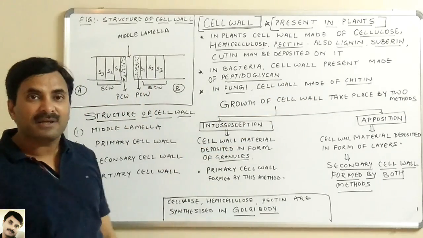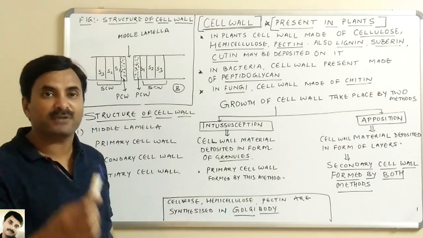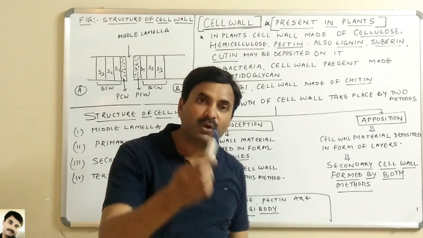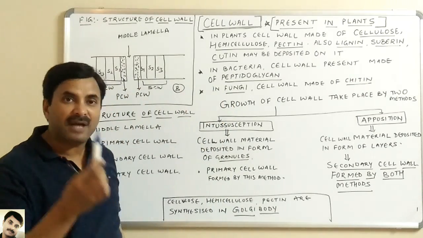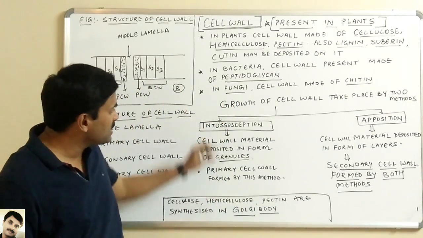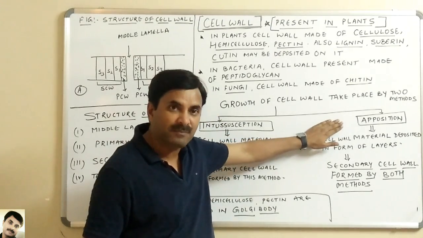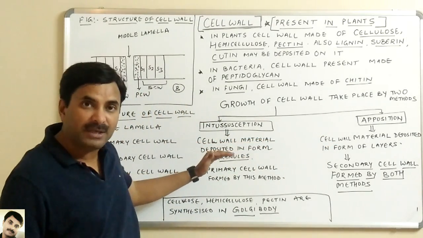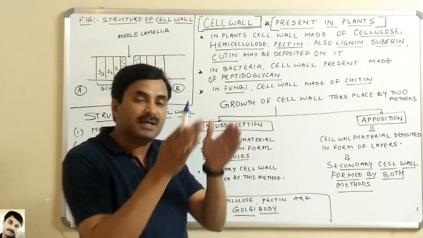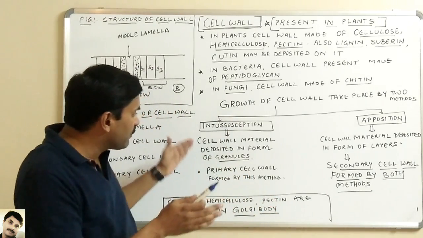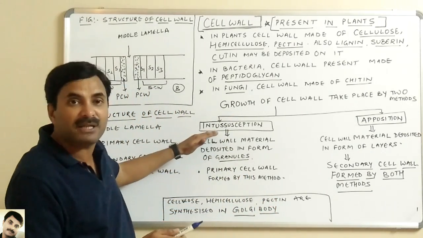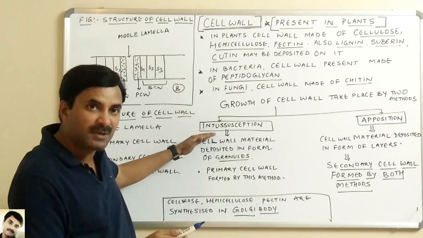Now you can see how the growth of the cell wall occurs. The growth of the cell wall occurs by two methods. One is known as intussusception and the other is known as apposition. If the cell wall material is deposited in the form of granules, then this method is called intussusception.